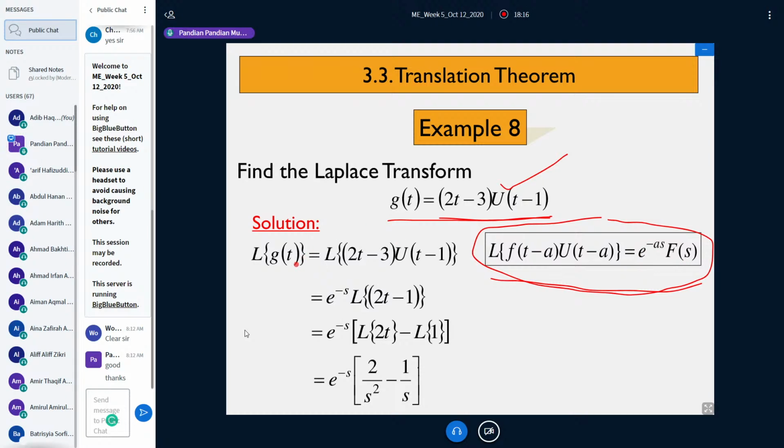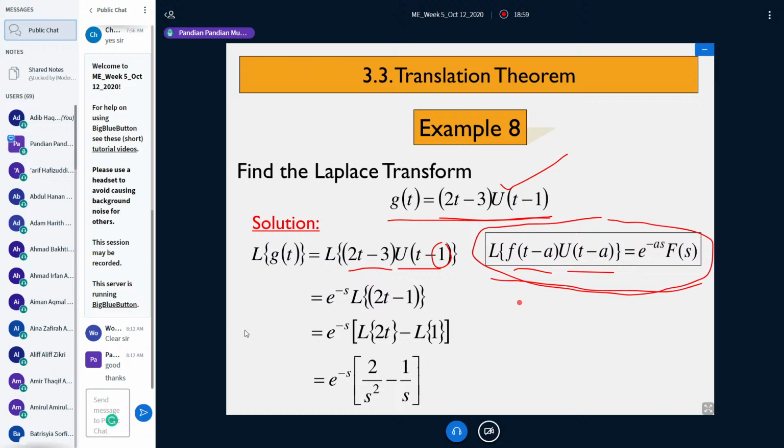Now the Laplace of g(t) is the Laplace of (2t minus 3) u(t minus 1). Now this one is equal to this, and u(t minus 1) equals to this. So in this case, your a here is this a. This one we have to look into later, how we can expand this.